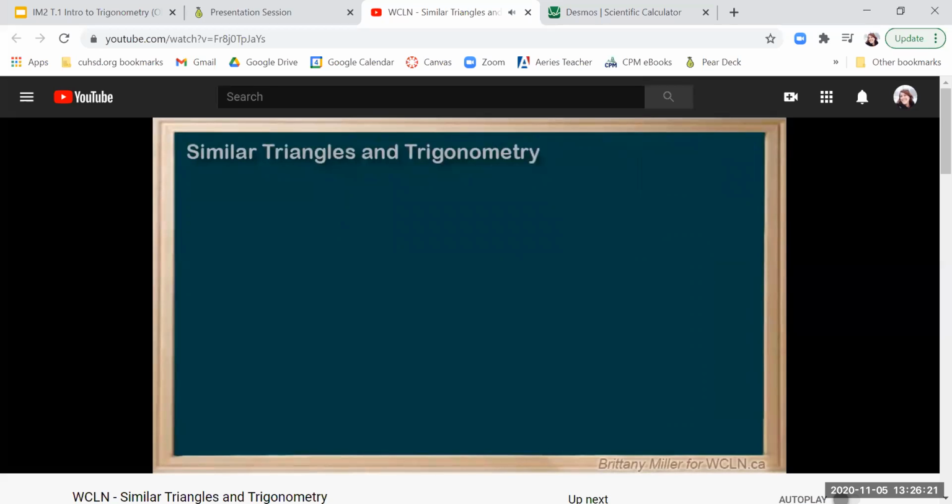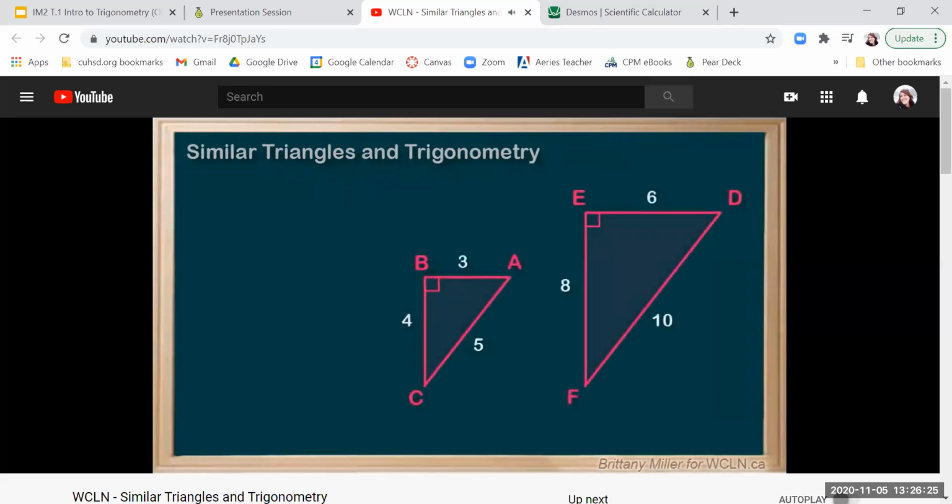Okay, so what does that mean? Well, consider these similar triangles. Say, triangle ABC is the original triangle, and we've scaled it by a factor of 2 to get triangle DEF. Let's look at the ratio of side AB to side AC, which is the hypotenuse.